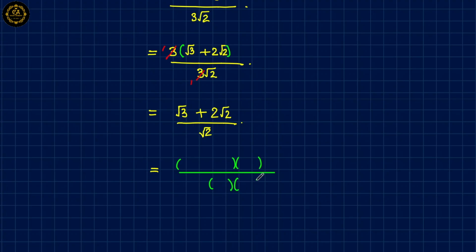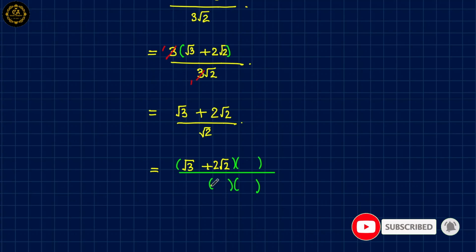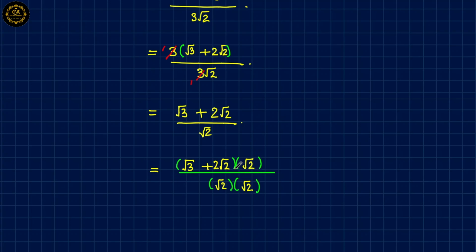So we need to fill in these brackets where we have our first term here as root 3 plus twice root 2, and the denominator is root 2, which we're multiplying both the denominator and the numerator with, the same root 2. When you note carefully, this root 2 and this root 2, when you cancel it, it will go back to what we had here. So we have not made any change.